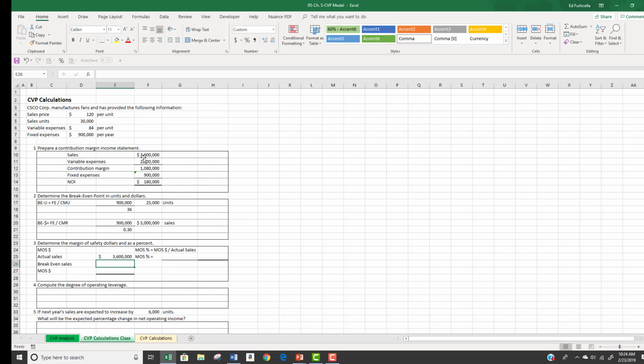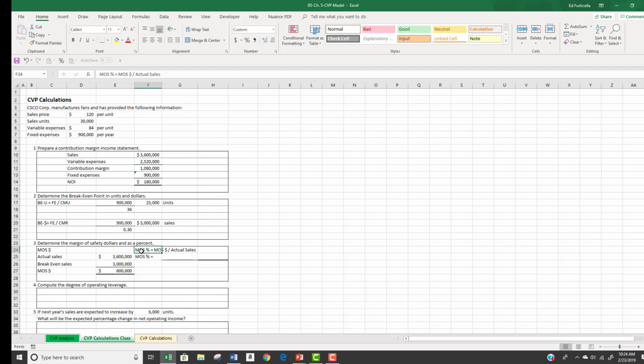We calculated our break-even point to be $3 million. So our margin of safety in dollars is the difference between what we sold and what we needed to break even. So again, the way this is interpreted is that sales could drop 600,000 and we would break even. If sales dropped by more than 600,000, we'd start losing money.